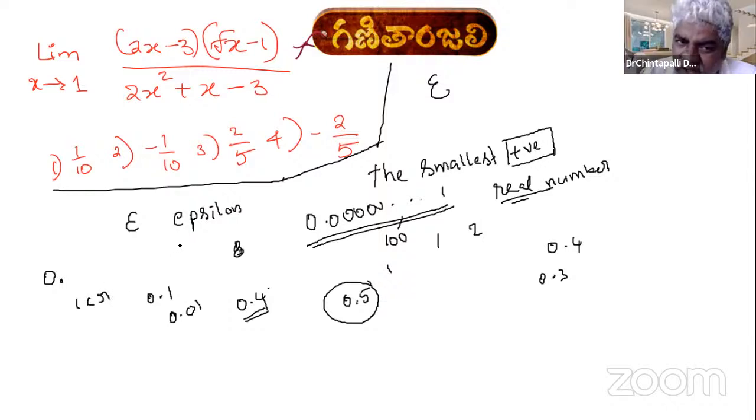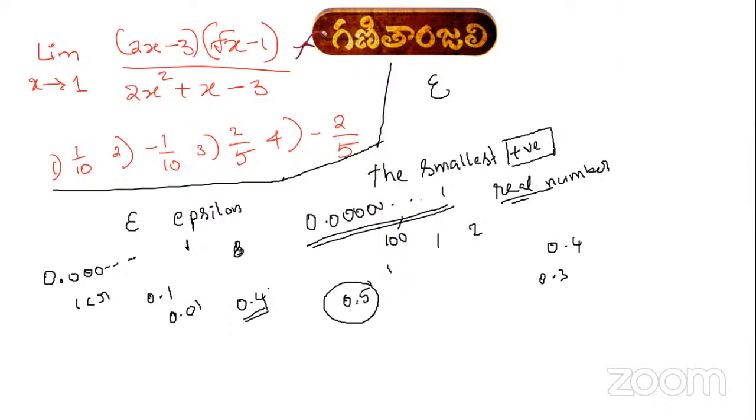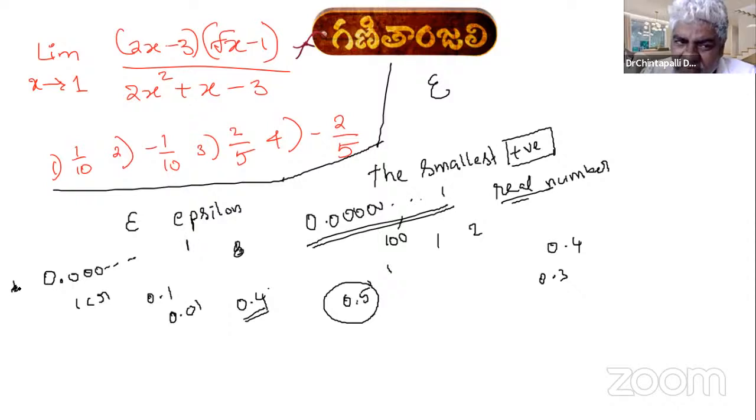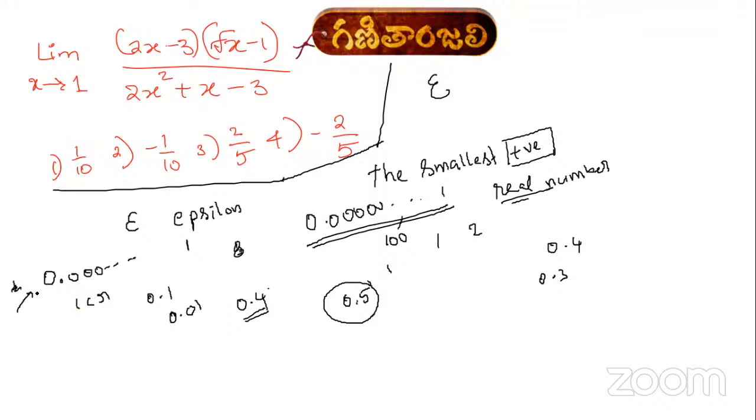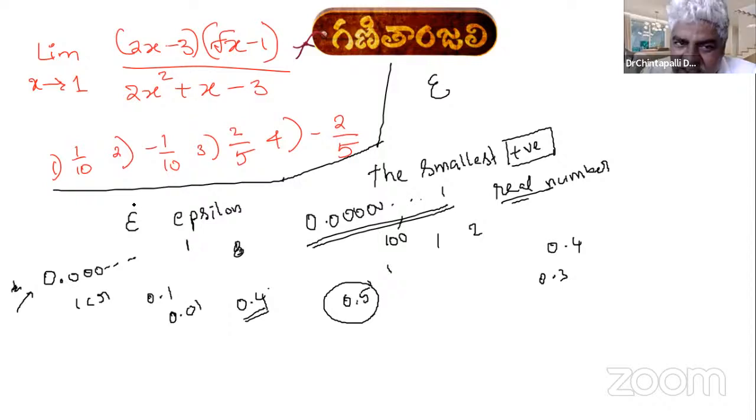Even if you write 1 after 1 crore zeros, it is also not the smallest positive real number, because we may write 2 crore zeros. That's why I'm concluding that epsilon is a symbol to denote the smallest positive real number.